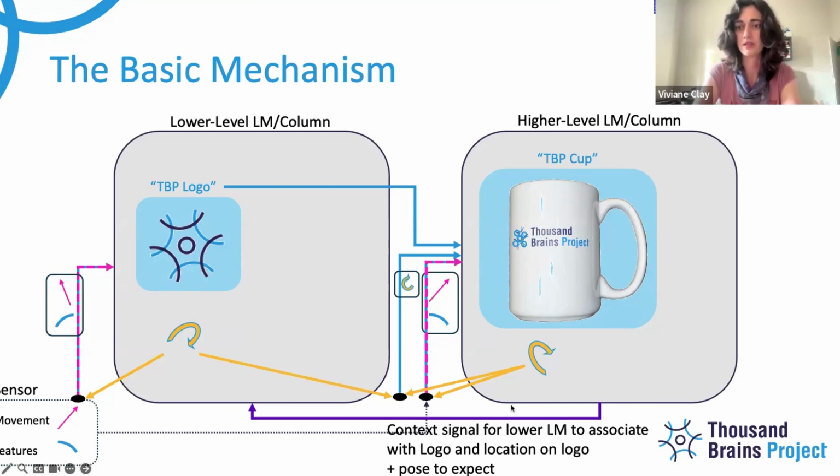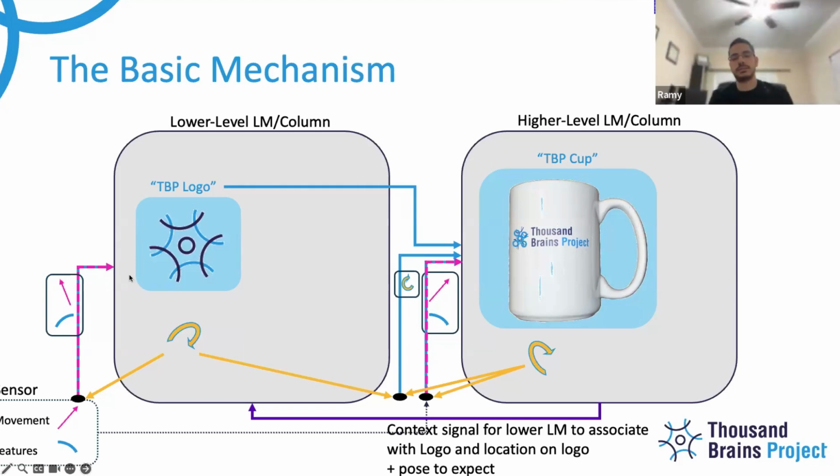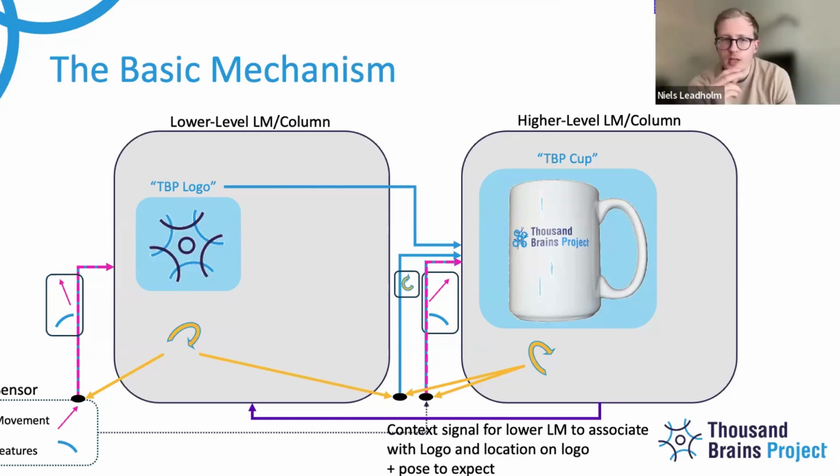But each connection itself would be one-to-one, right? Oh, sorry, go ahead, Ronnie. I was just saying, how does it bias multiple locations on the logo? Wouldn't it need associative connections to multiple locations on the logo in the lower level to be able to bias the different locations? But that's the thing, we only want it to bias one location in the logo. So it's a one-to-one mapping.